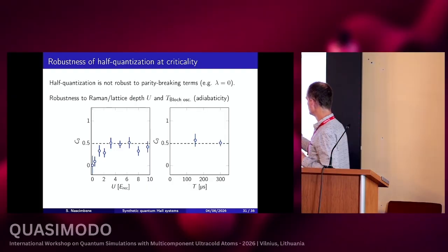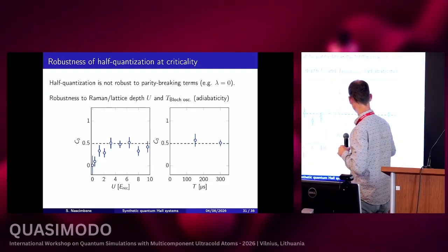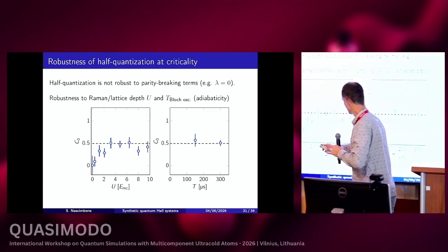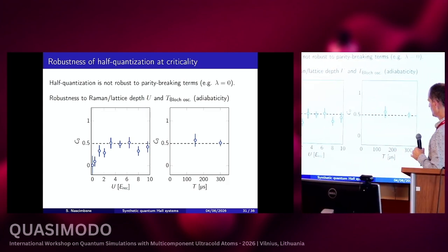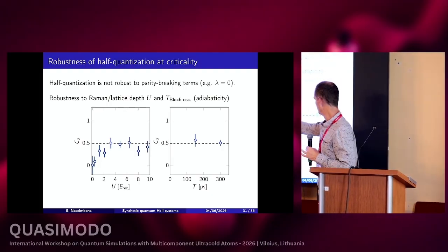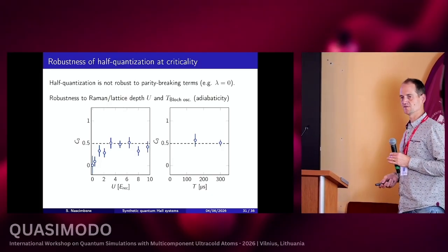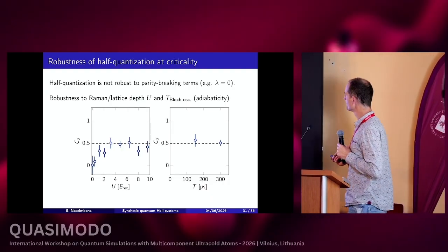You see that when we change some parameters, like the duration of the Bloch oscillation or the total power of the Raman and lattice beams, this 0.5 exhibits a plateau, which is characteristic of the robustness of this half quantization.